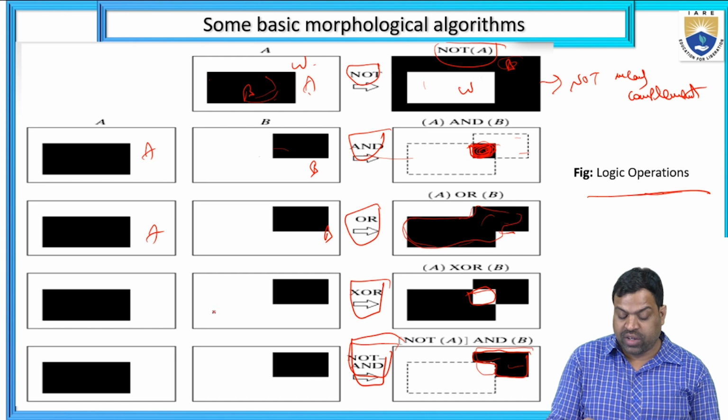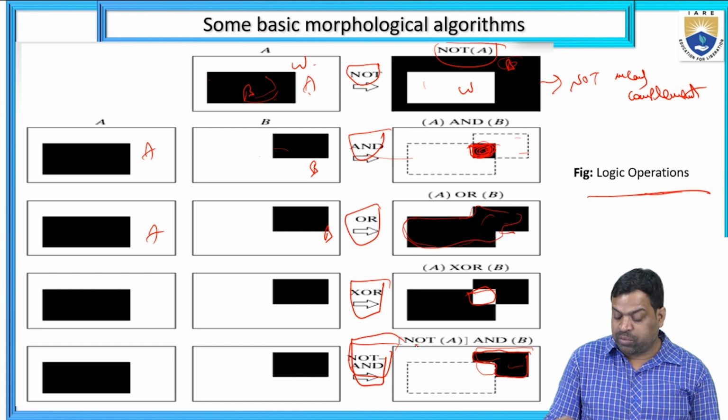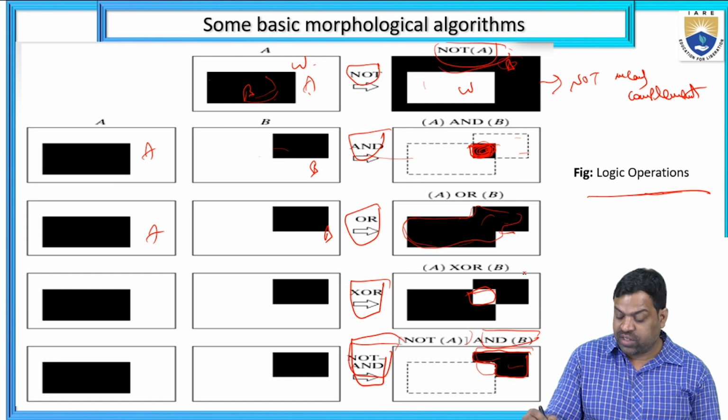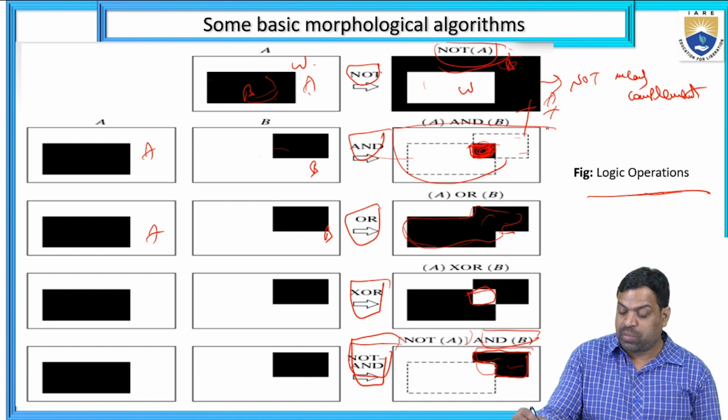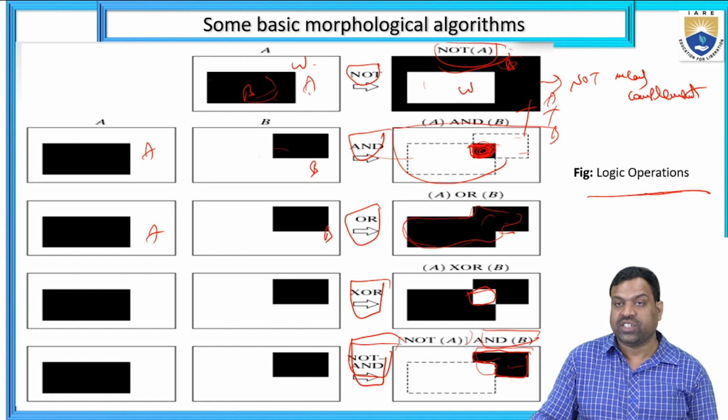That is A OR B. Here XOR, intersections: the combined part I take as white. Here NAND means NOT of A AND B. So we are adding figure A plus figure B. What are the common disjoint functions? That is black, remaining is white. Okay, these are the logical operations of morphological operations, of set operations.